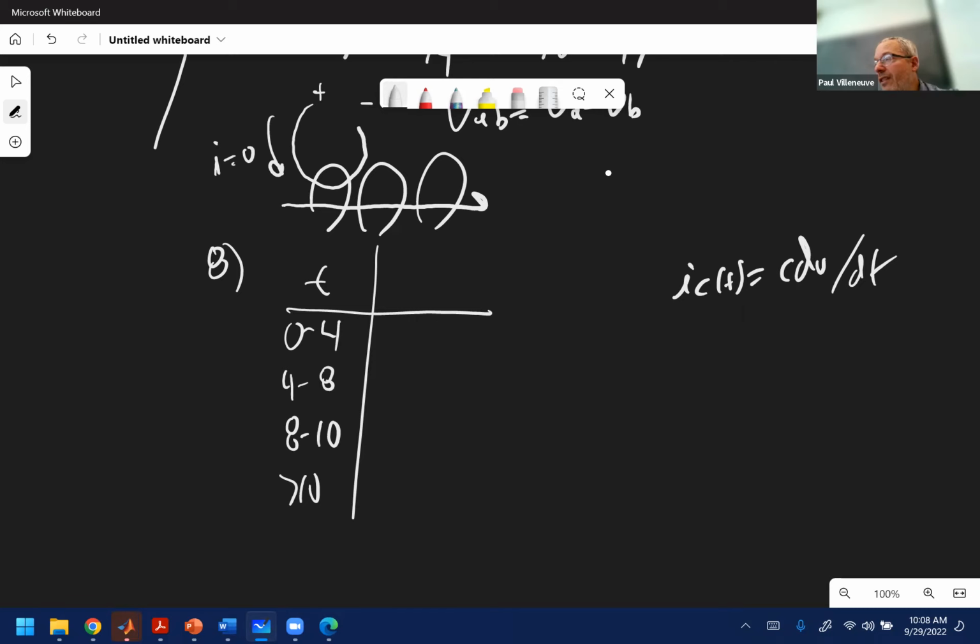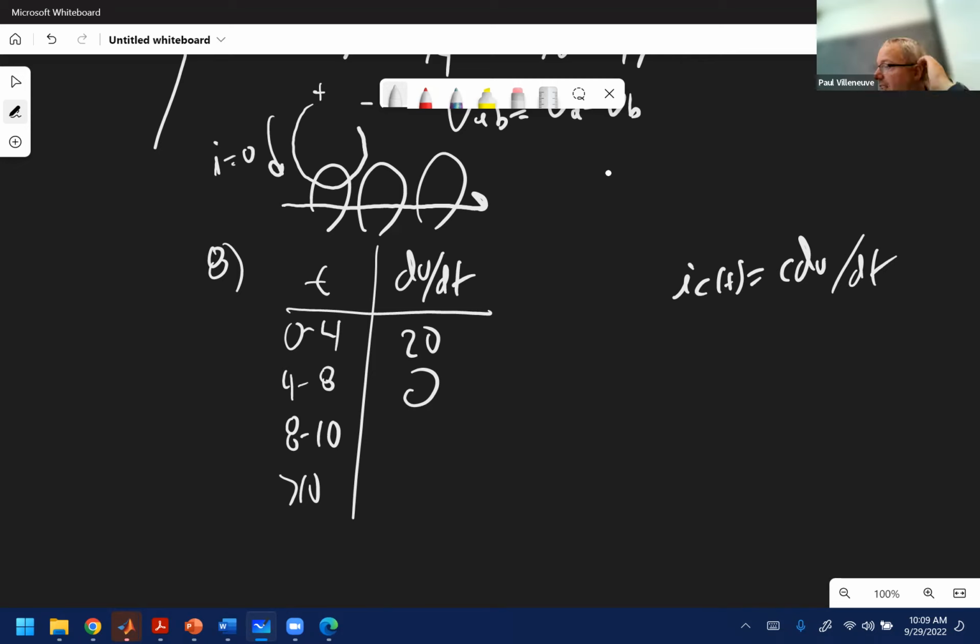So I'll start off, I'll give you the first one from 0 to 4. dv/dt is equal to the change in y over the change in x. It changes positive 80 divided by 4 seconds, so that has a dv/dt of 20. A lot of people miss this next one from 4 to 8. It's 0. There is no slope.